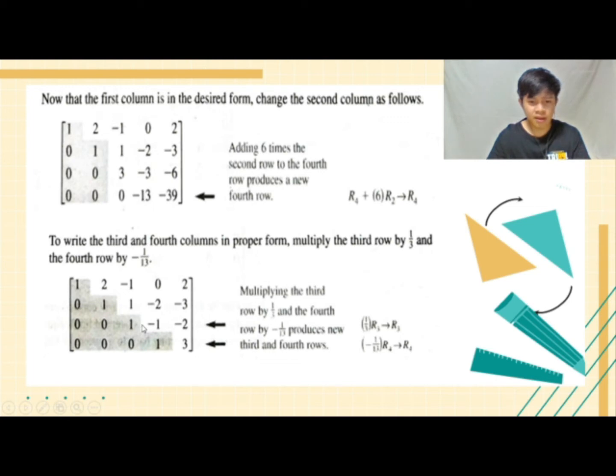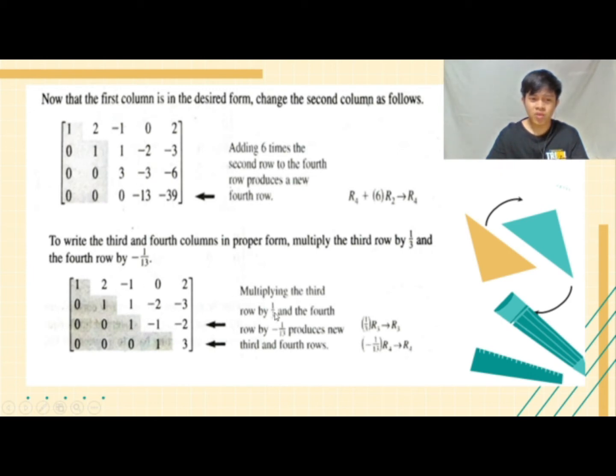Okay? So, 3 times 1/3 is equal to 1. Since ang minimin po dito ay third row, kaya po dito po tayo mag-base. So, 3 times 1/3 is equal to 1.